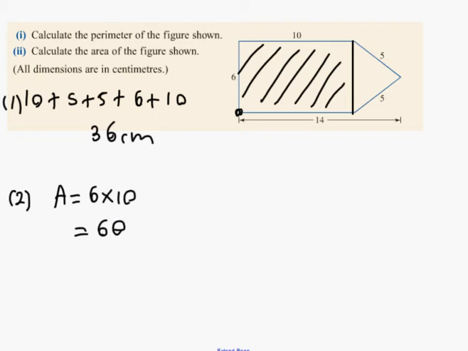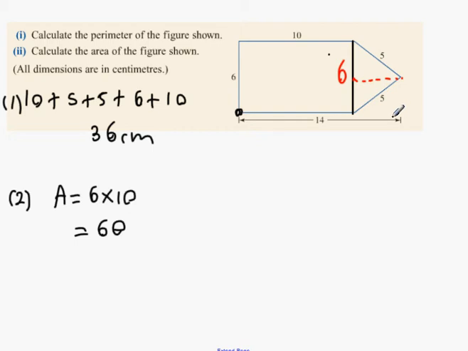Now, what about the area of the red one? You have 6, which is 3 by 5. So what Aaron decided to do here was he said, well look, this triangle has the same width as the rectangle. So he said that's 6. And now he needs a half base by height. How do you find the height, Aaron?